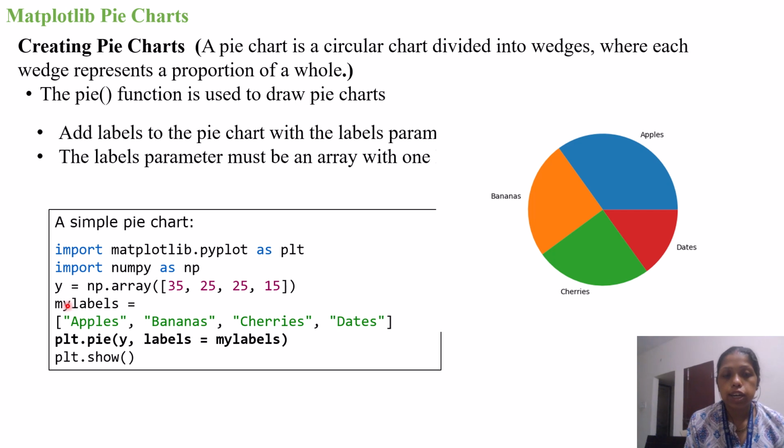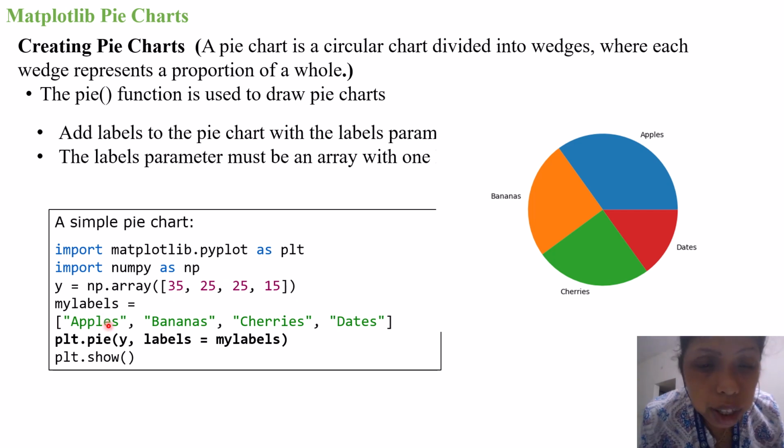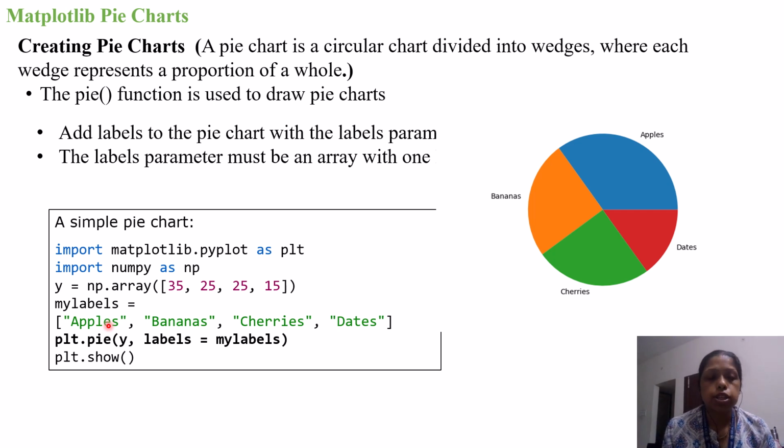We have already created the data, which is stored in y using an array. After that, corresponding to those percentages, I am giving the labels: apple, banana, cherry, and date. These are the four labels I have mentioned.